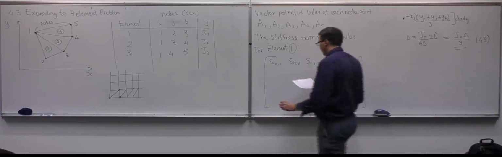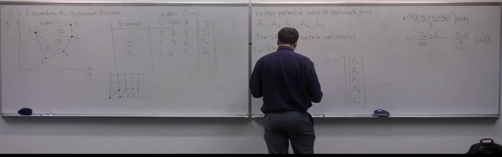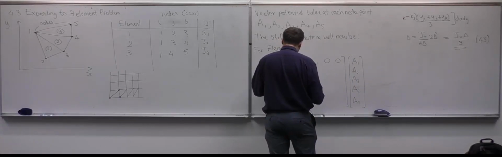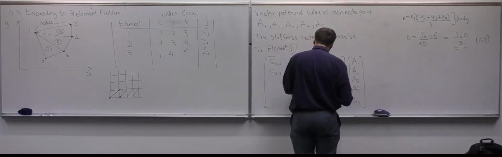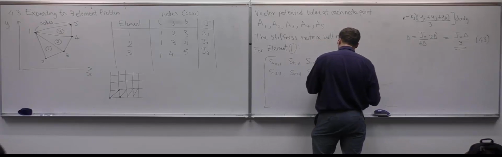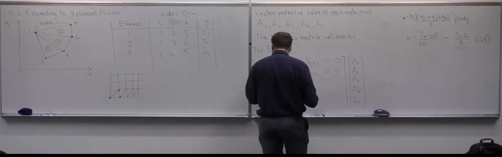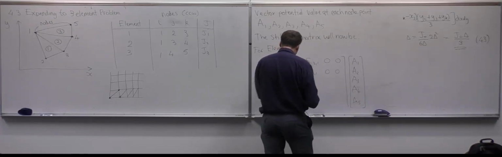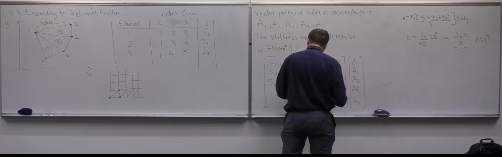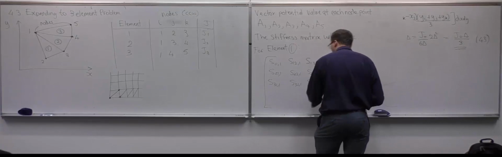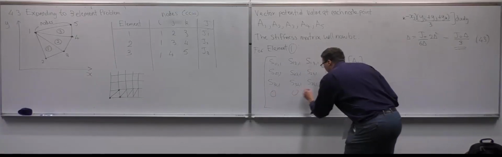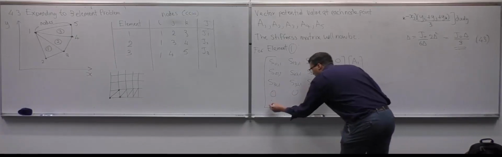And so then here we have S21, S22, S23, 0, 0, then S31, S32, S33, 0, 0, and then this is 0, 0, 0, 0, 0.